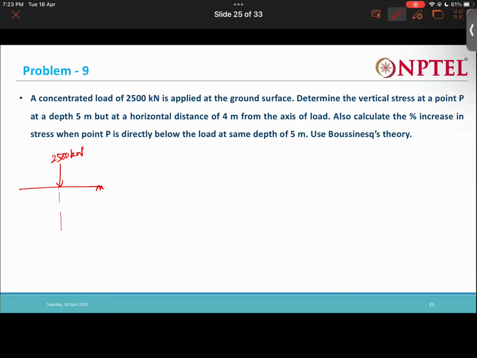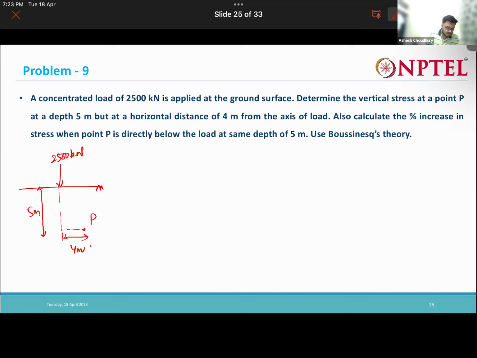We have to determine the vertical stress at a point P at a depth of 5 meter and horizontally at a distance of 4 meter. Also, we need to calculate the percentage increase in stress when the point P is directly below the load. Can you recall the formula given by Boussinesq's theory?